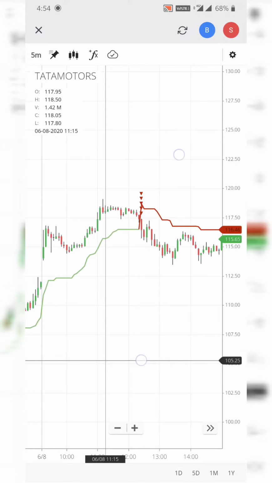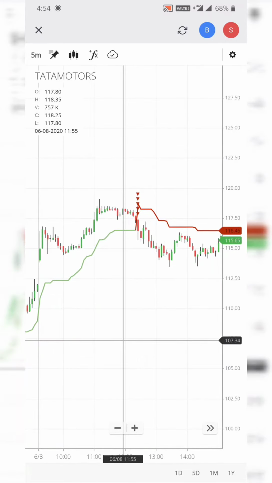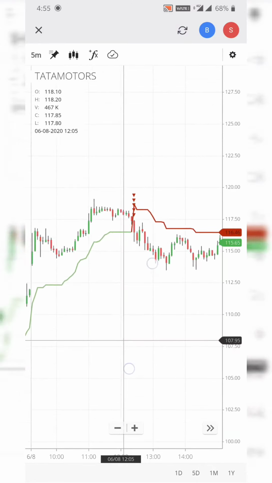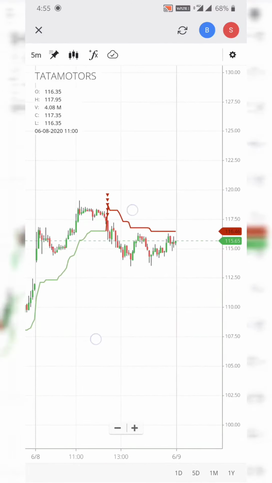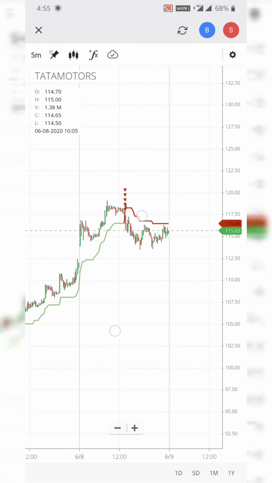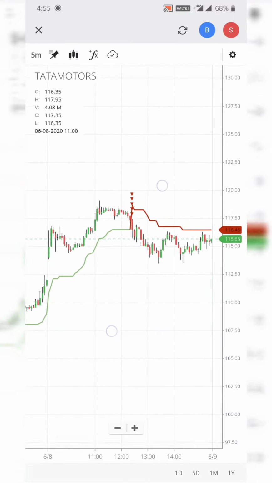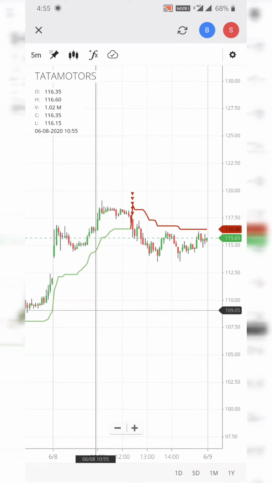Green indicates the positive movement and red indicates the negative movement of that particular stock. As you can see, you can already see the trend on this stock, the green line indicating upward movement and the red indicating downward movement.